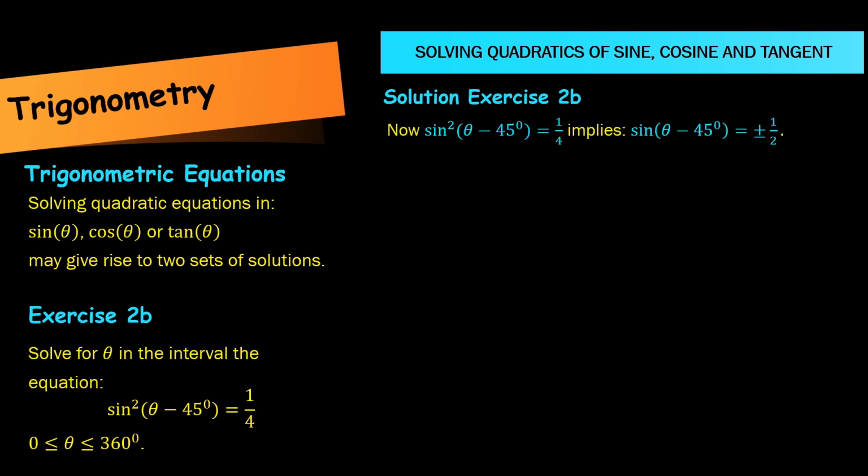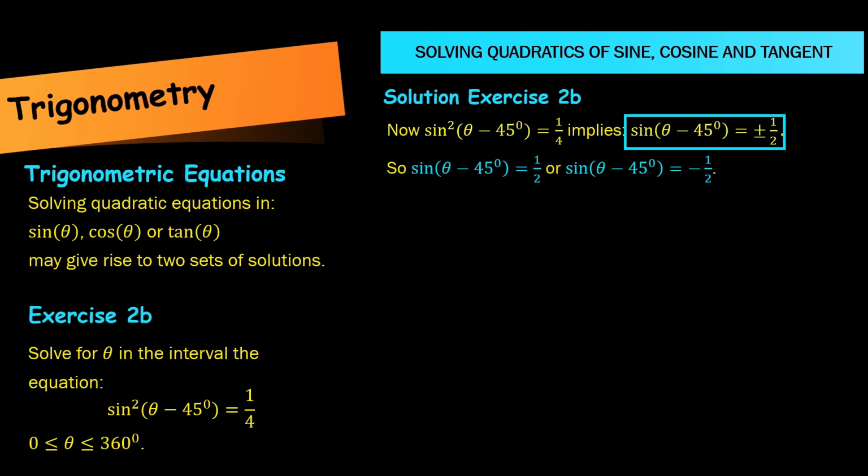If sine squared of theta minus 45 degrees equals 1 over 4, then sine of theta minus 45 degrees equals plus or minus a half. So, sine of theta minus 45 degrees equals a half, or sine of theta minus 45 degrees equals minus a half.